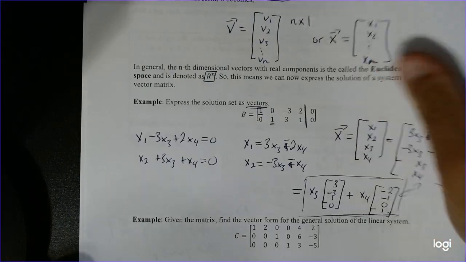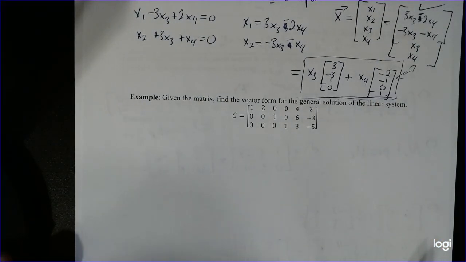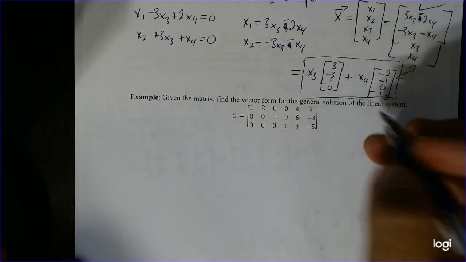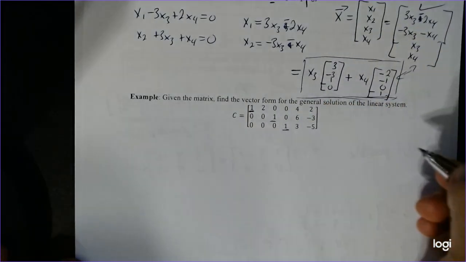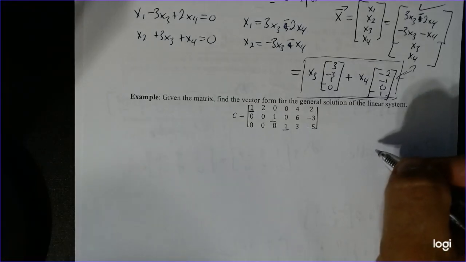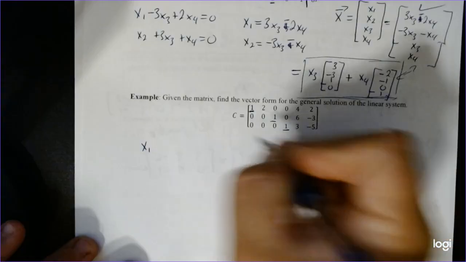So let's try another example using that same template. All right, so let's see, it's already in row echelon form, so we can start from there. I'll just do the work for you guys.